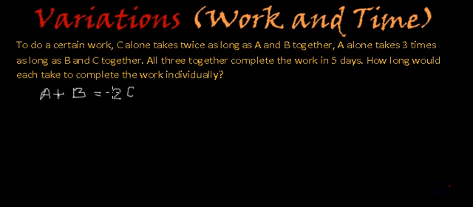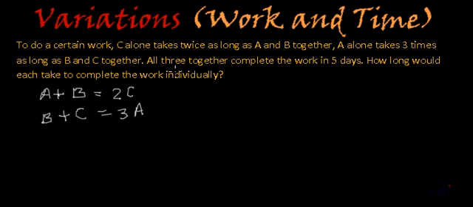Similarly, the next part says A alone takes 3 times as long as B and C together. So the working capacity of B plus the working capacity of C is actually 3 times the working capacity of A, right?